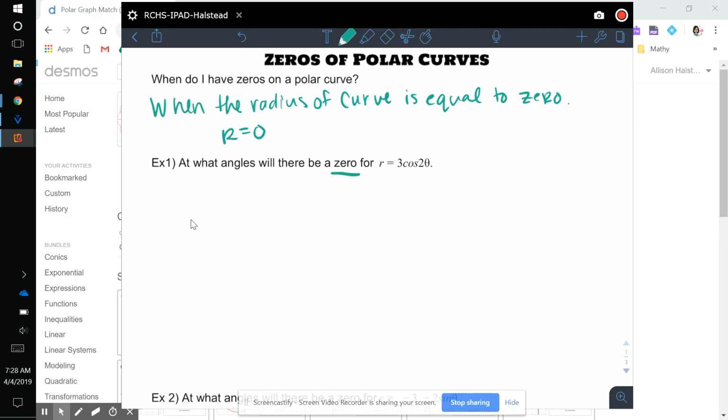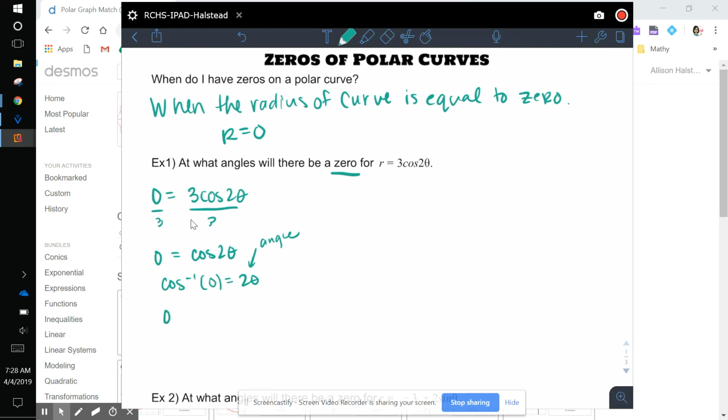Finding zeros. So 0 is equal to 3 cosine 2 theta, and then we just solve for theta. Divide by 3. 0 is equal to cosine 2 theta. I'm going to do the cosine inverse of 0 is equal to 2 theta. Remember, this is my angle. So cosine is equal to 0 at pi over 2.